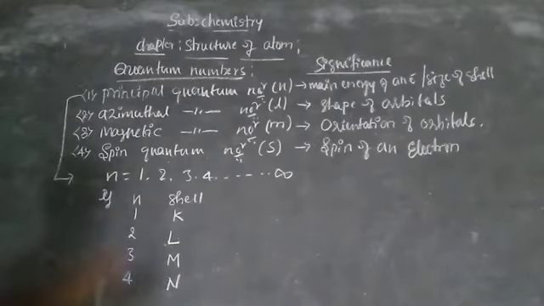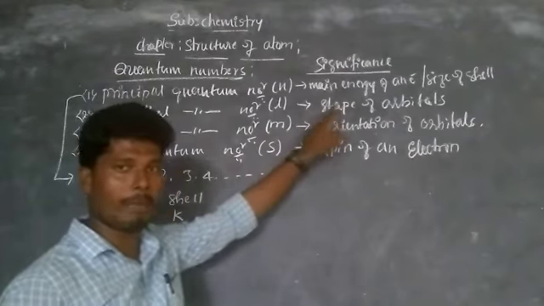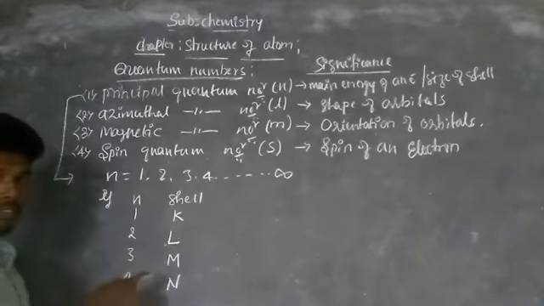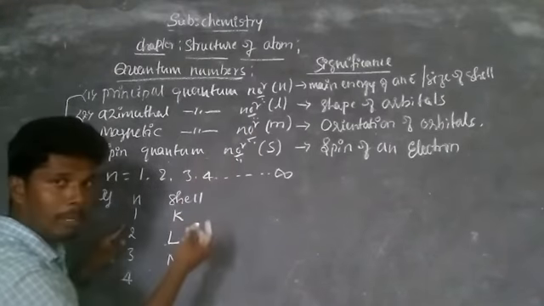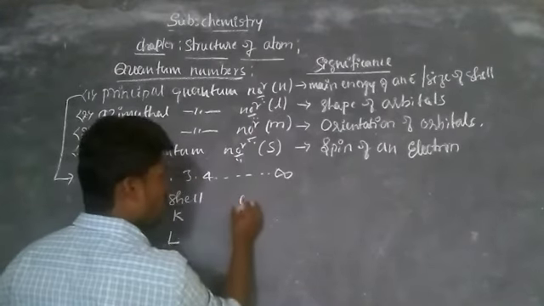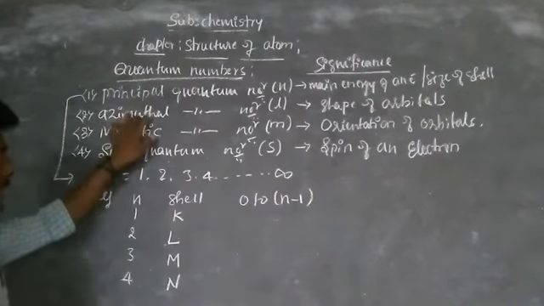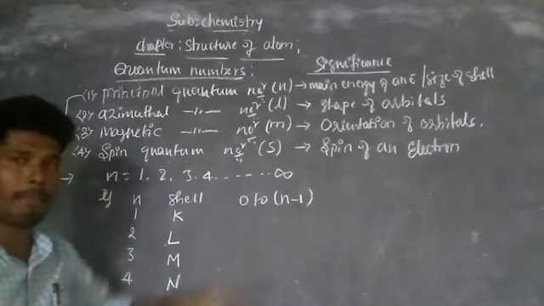Then the second one is the azimuthal quantum number. It signifies the shape of an orbital. For n values, the azimuthal quantum number l is written from 0 to n minus 1.